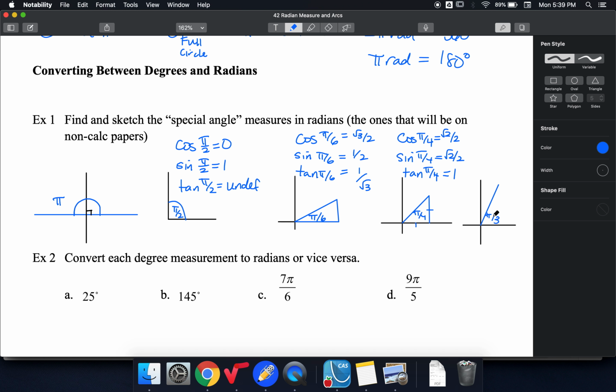Now it's my opposite side that's long, my adjacent side is short. So cosine of pi over 3 is the short side, that's 1/2. Sine of pi over 3 is the long side, √3 over 2. Tangent of pi over 3 is long side over short side, √3 over 1, which is just √3.